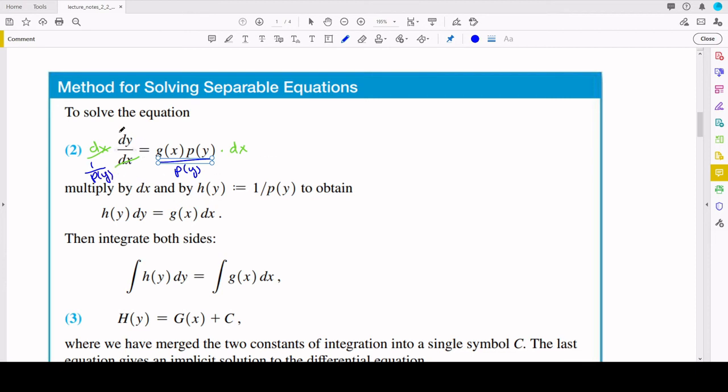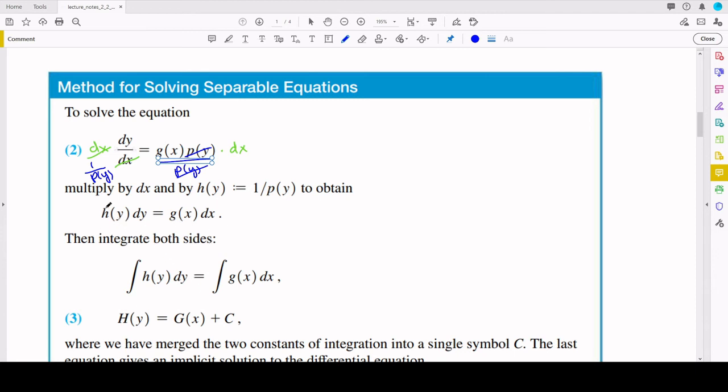And so we're left with 1 over p(y) dy, and if we call 1 over p(y) h of y, on the left what we're left with is h(y) dy, and on the right-hand side, the p(y)'s cancel out, and so we're left with g(x) dx.